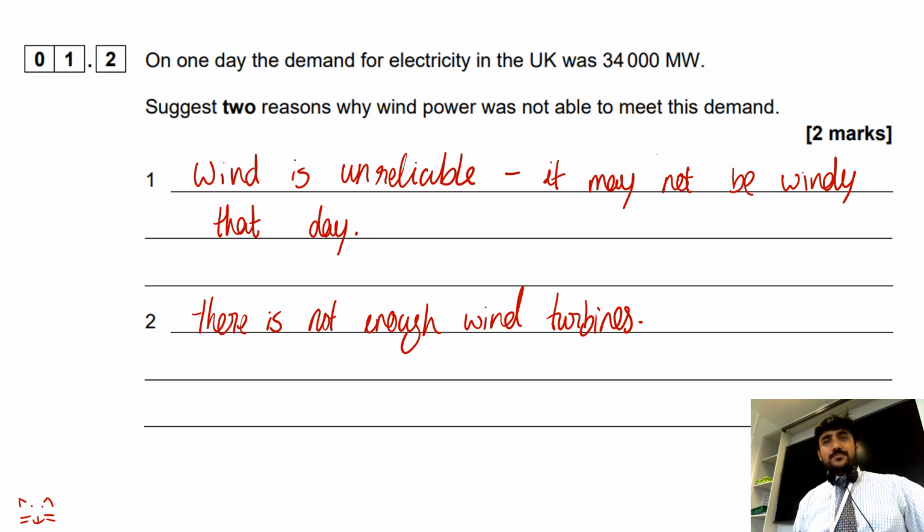Another reason, which is kind of related, is the fact that even if there were enough wind turbines, they might not all be working all the time. Why? It may not be windy, but even if it was windy, if the wind is too much or too little, it won't work. So wind turbines will not work if there are too weak or too strong winds.